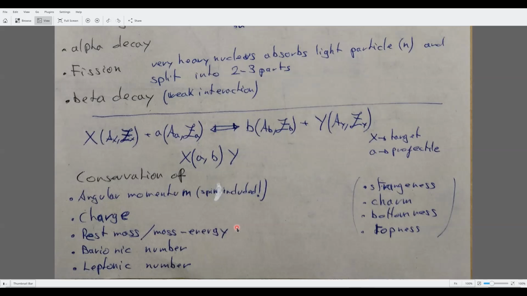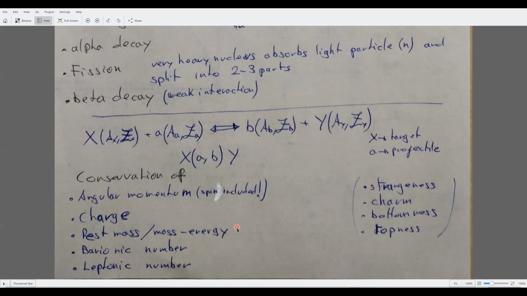Okay, the charge, we are considering the physical charge of the particle. So the electron has -1, the positron has +1.